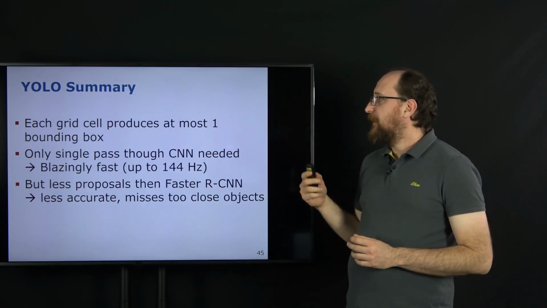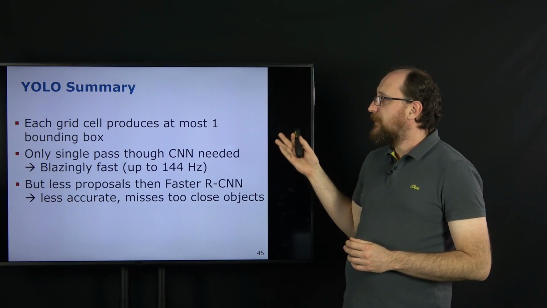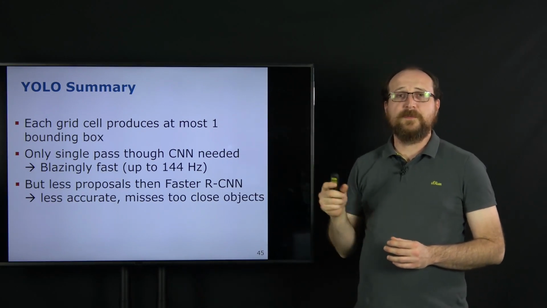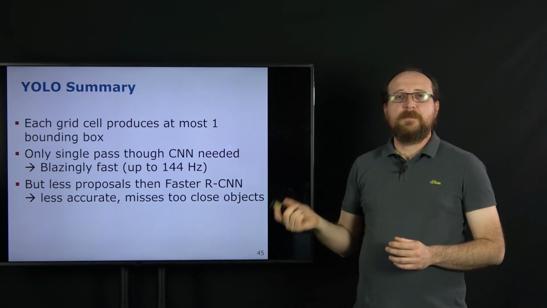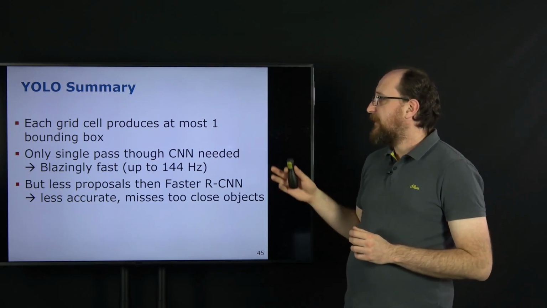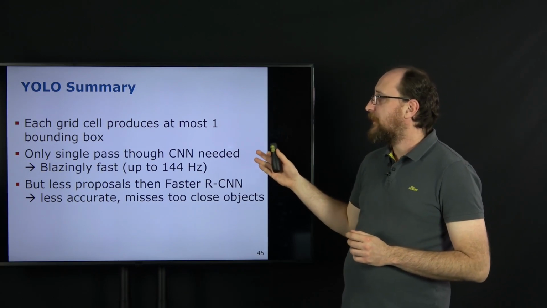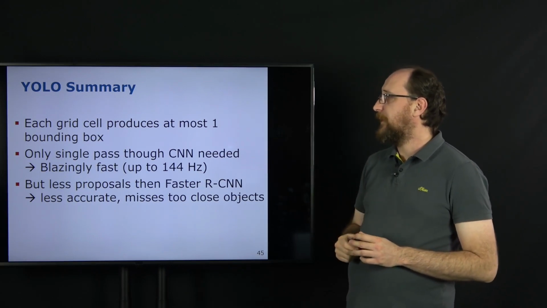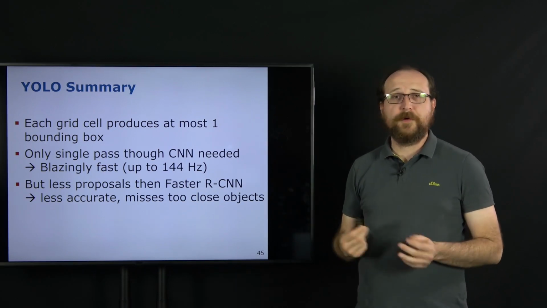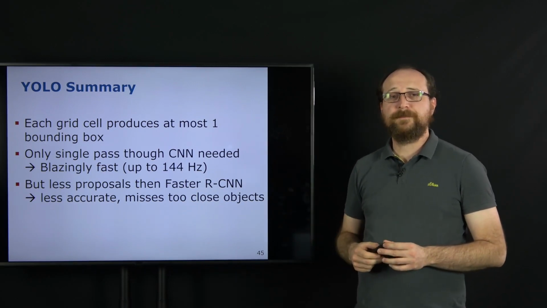The thing here is that each grid cell produces at most one bounding box, because we have only one class score, which is combined with the objectness to extract one bounding box. The advantage is that we only need a single pass through the CNN, so that we can even do classification at up to 144 Hertz at that point in time.